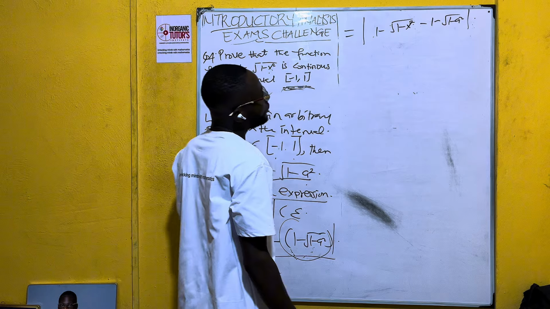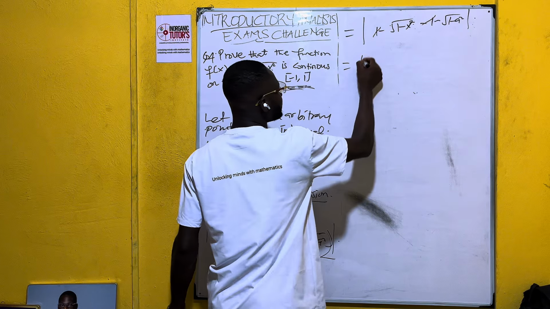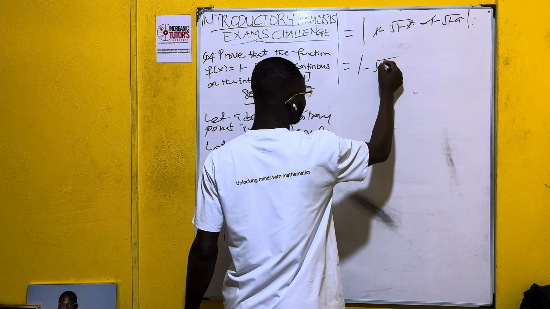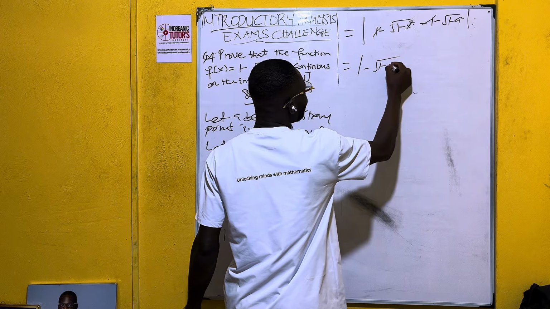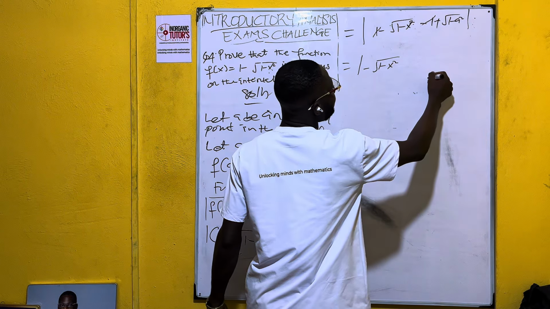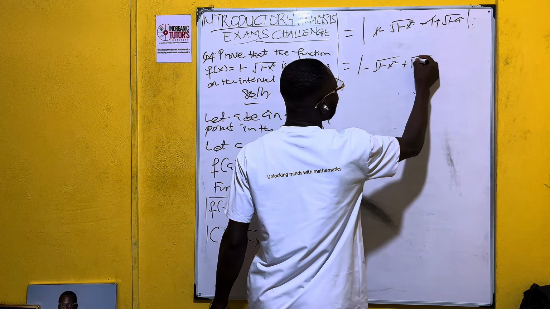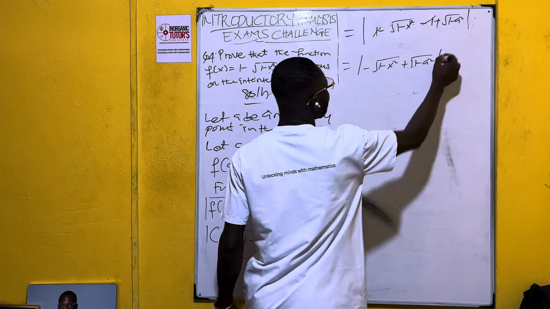Absolute value. Now, you could see clearly that this will take off this, so we have absolute value of negative square root of 1 minus x squared. Then this becomes positive, right? So we have plus square root of 1 minus a squared.